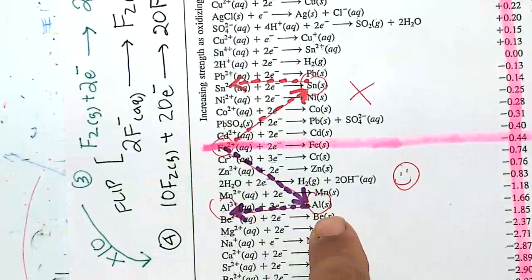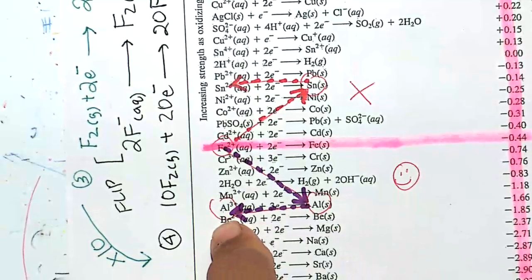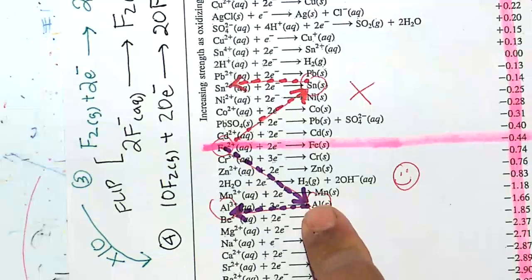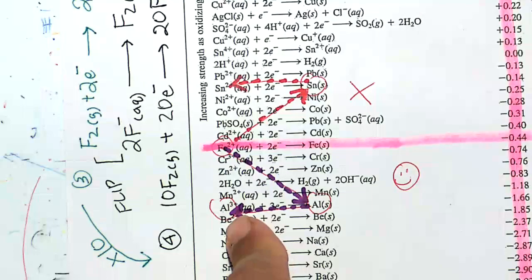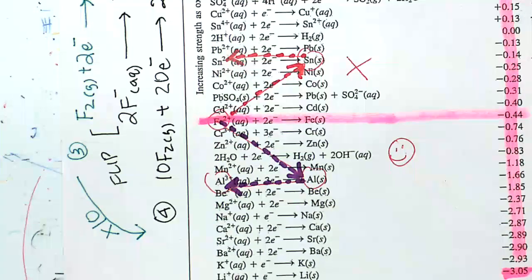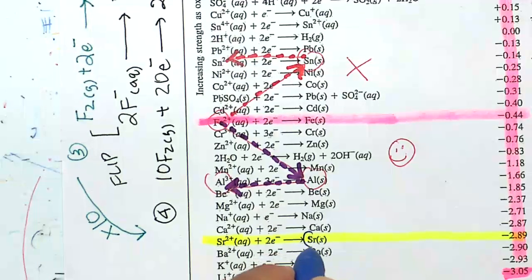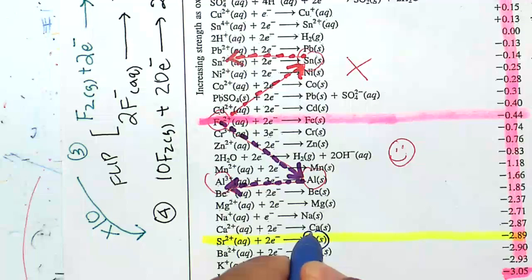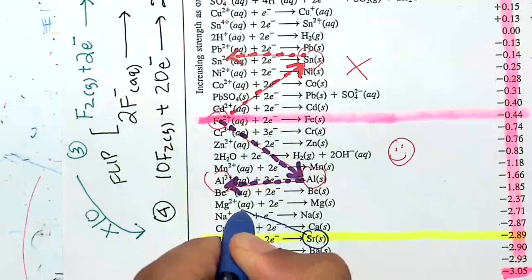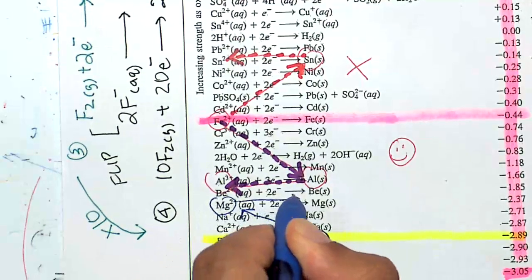Now, can Fe plus 2 oxidize Al to Al plus 3? Can what oxidize what? Can Fe plus 2 oxidize Al to Al plus 3? Yes. Okay, this is a definite yes. Okay, let's do one more here. Can Sr solid reduce magnesium to magnesium solid?